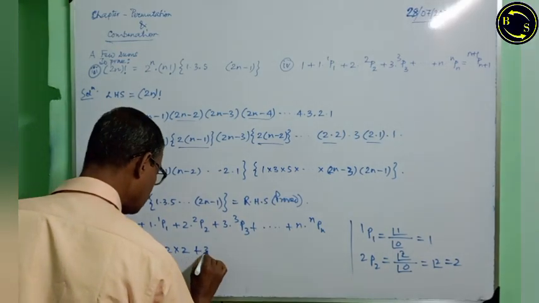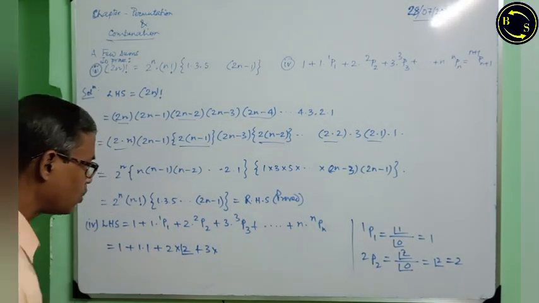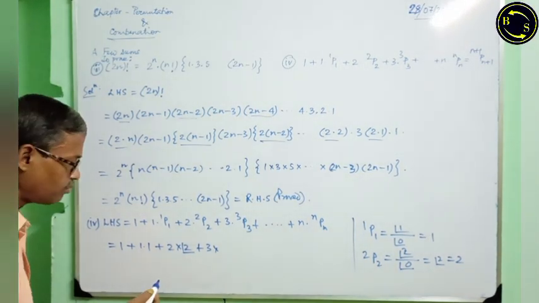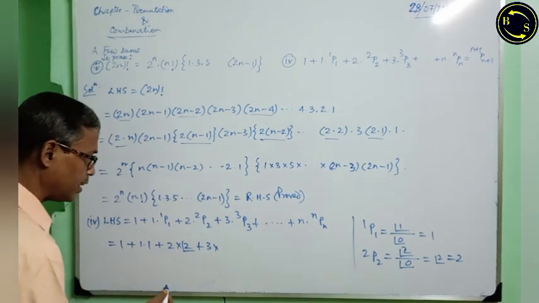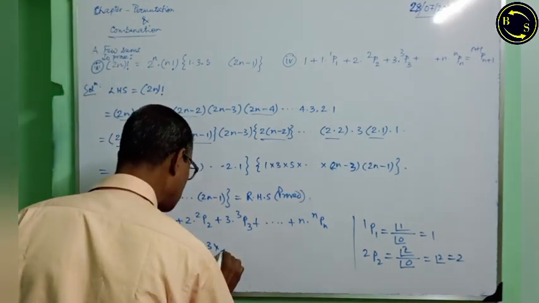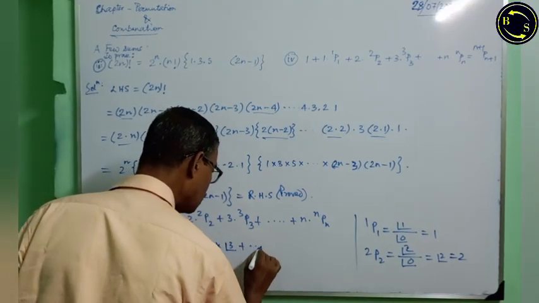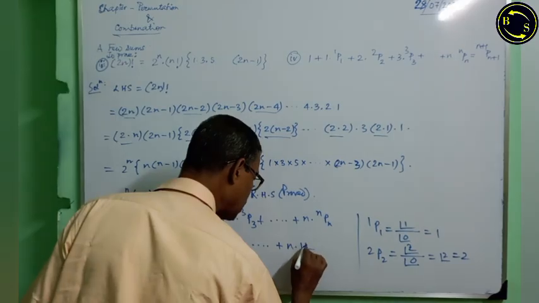plus 3 into, I write here factorial 2 rather. Though 2 and factorial 2 are the same there, but factorial 2 I write, and this will be 3 into factorial 3, n into factorial n.